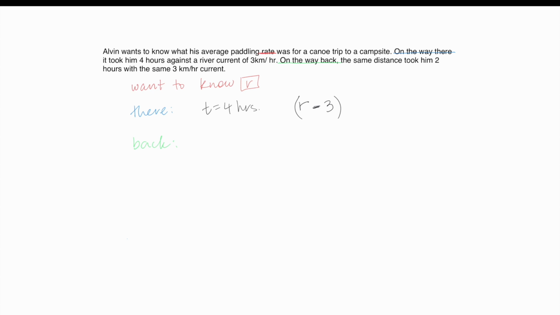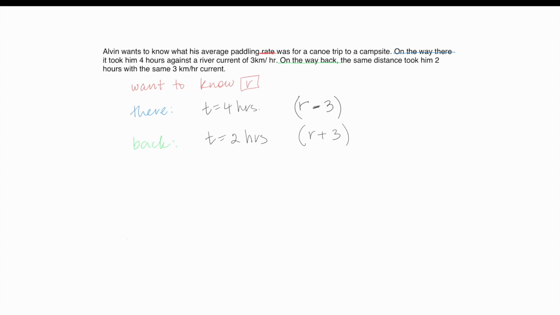Very similarly, on the way back, his time was faster. It was 2 hours. And the rate was faster, and that's why the time was faster, because the current was helping him. So you take his rate and add the rate of the current to get the rate on the way back. Now I'm going to write the distance, rate, and time formula for each part.